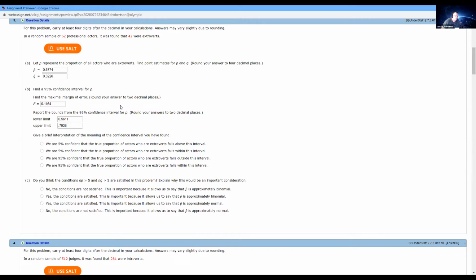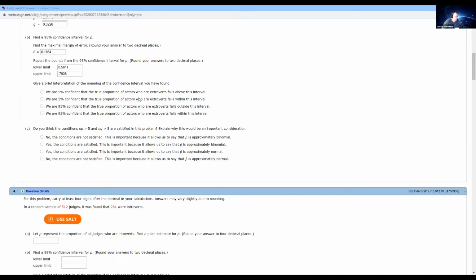The way my brain would work is somewhere in the region 56 to 79% of actors are extroverts. That is 67.7% with a margin of error of about 11.64%. That probably tells you everything you need to know now, doesn't it? You got a kind of ballpark figure for what percentage of actors are actually extrovert.